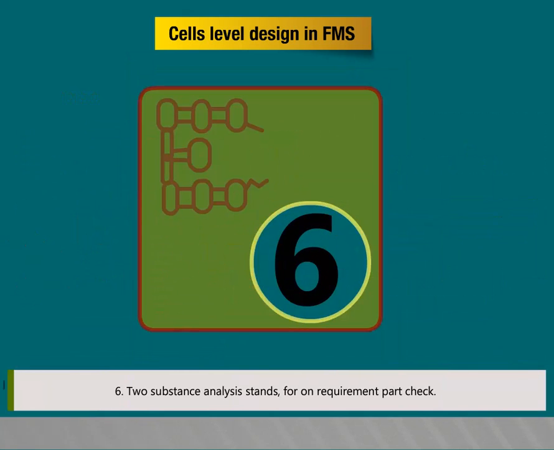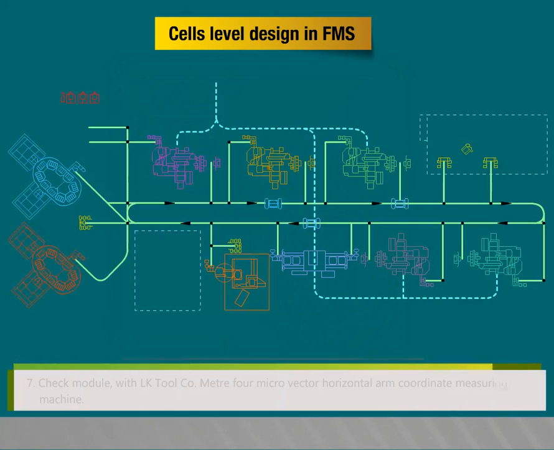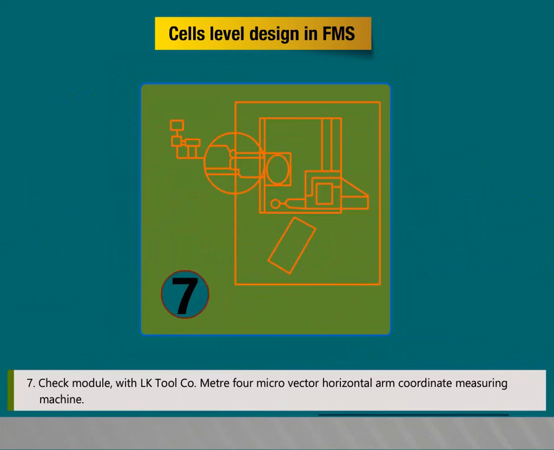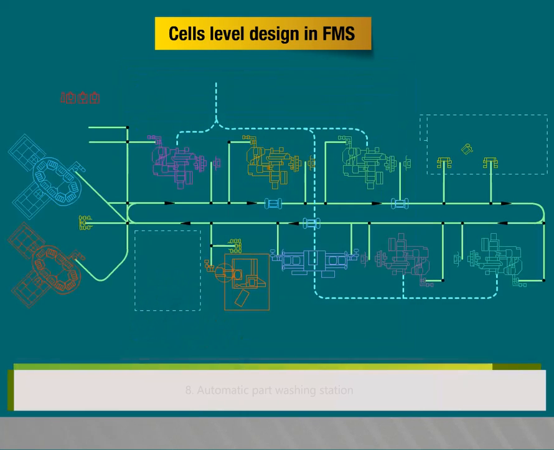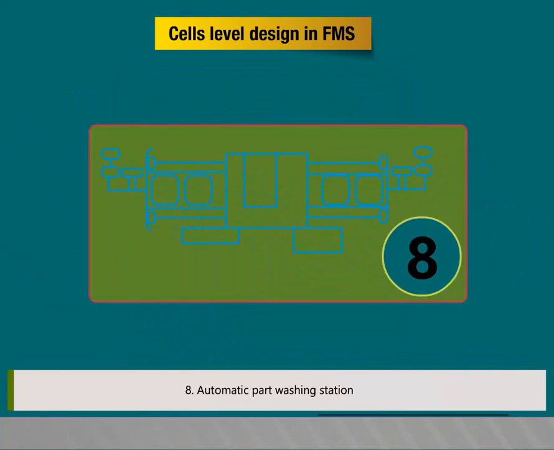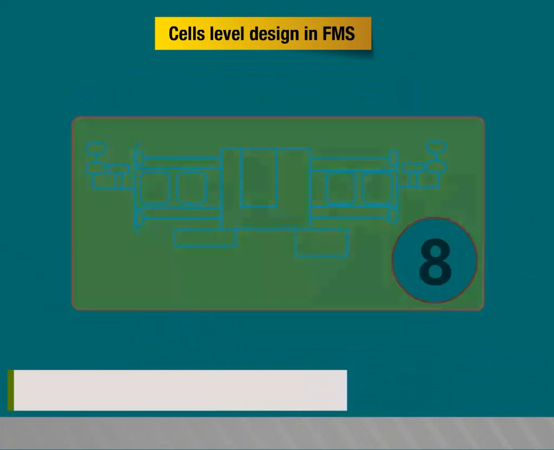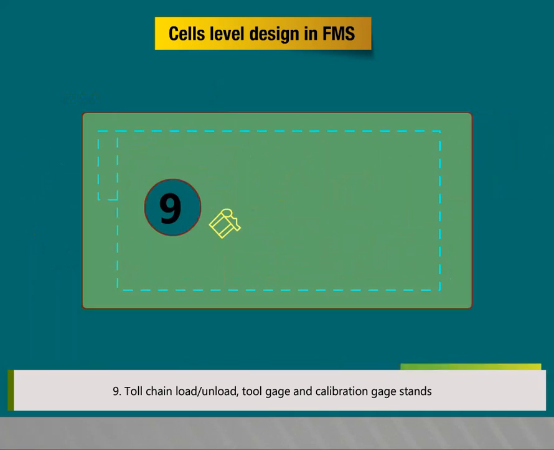6. 2 substance analysis stands for on-demand part check. 7. Check module with a coordinate measuring machine, 4 microvector horizontal arm coordinate measuring machine. 8. Automatic part washing station. 9.